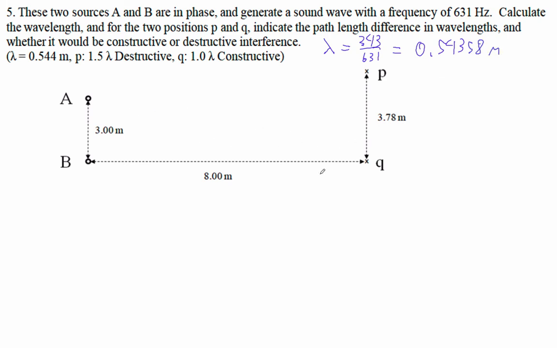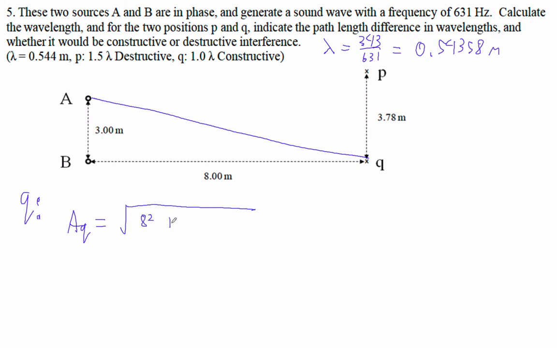And now we're figuring out point Q. Okay, so AQ is here, and BQ is, well, BQ is 8. Okay, so AQ is the square root of 8 squared plus, and then we're 3 on this side, right? So what is that? Square root of 8 squared plus 3 squared.